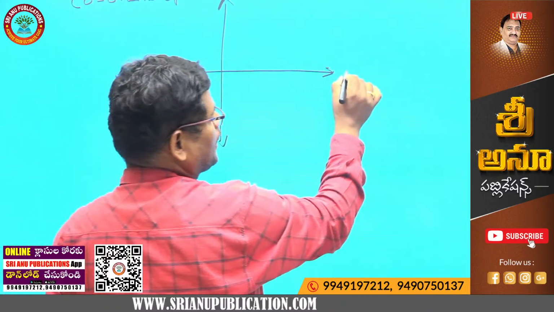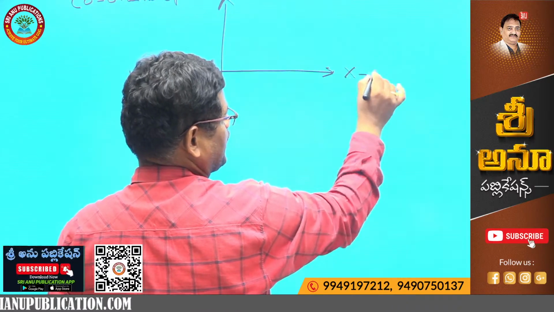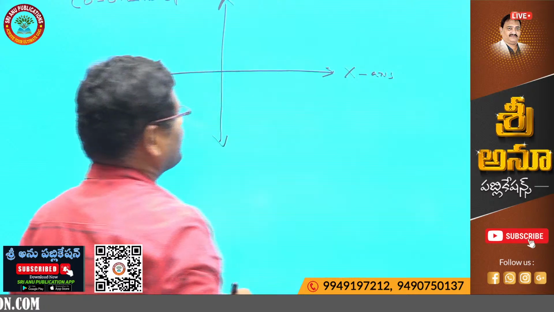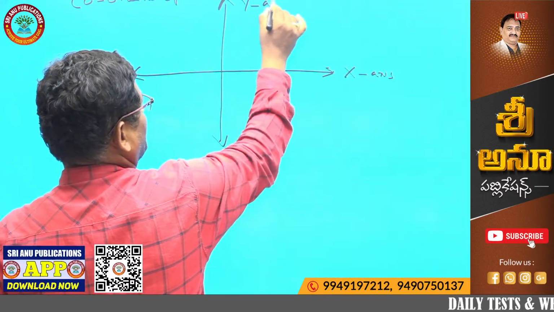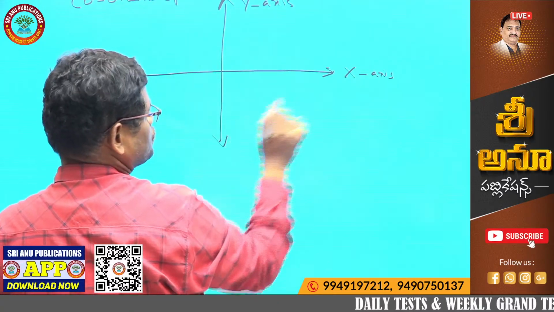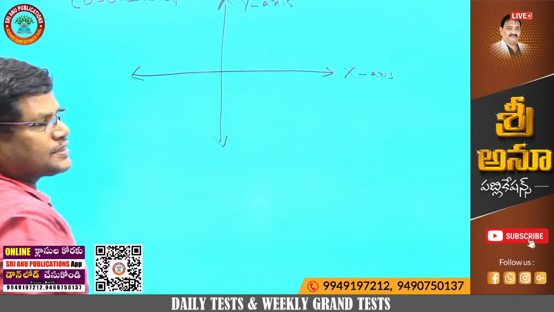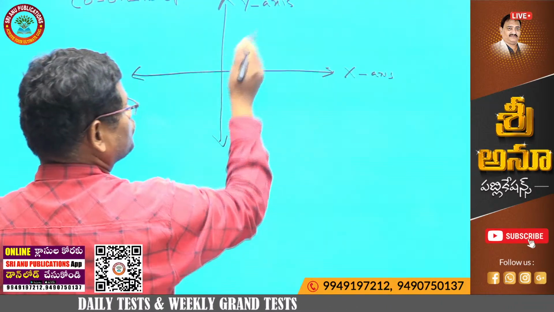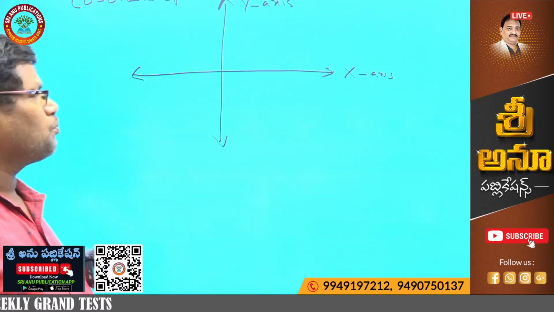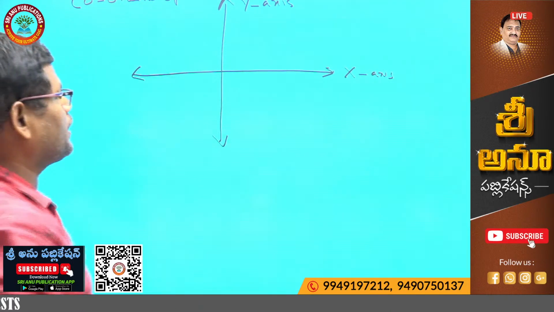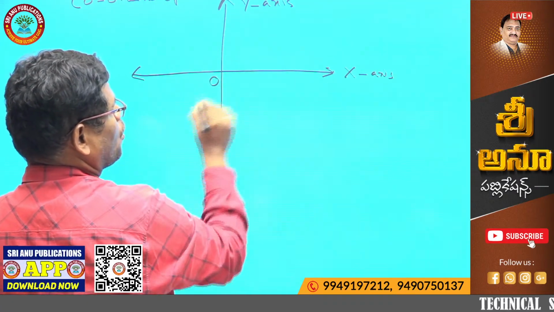The horizontal line we are calling the x axis, and the vertical line is called the y axis. So here positive x axis is there and positive y axis is there. The intersection point of the vertical axis and horizontal axis is called the origin.